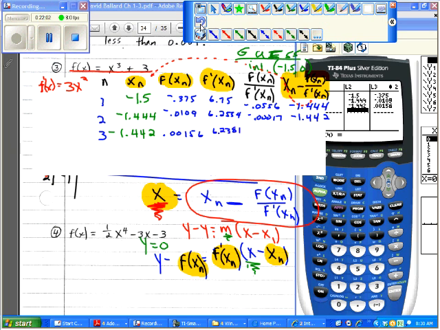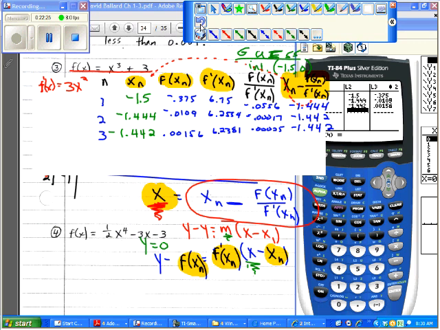6.2381. Okay. 2.5 exponent to the negative 4. So go over 4 places. 3 zeros, 2, 5. Okay. And negative 1.442. Yep.